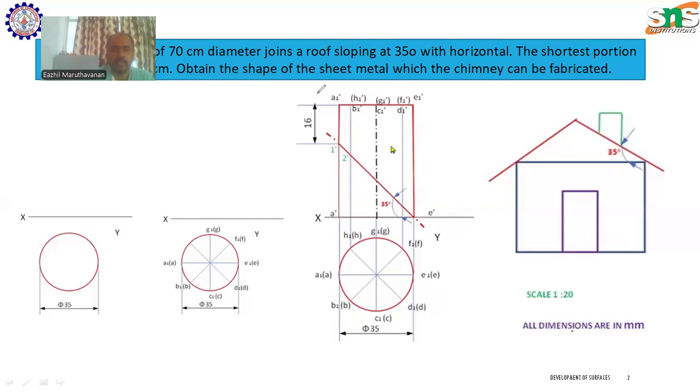We can give notations in alphabets for the upper portions, and numbers for the lower portions. The chimney is inclined at 35 degree on the rooftop, so I draw an inclined line of 35 degree. We can imagine it as a cutting plane from this corner.